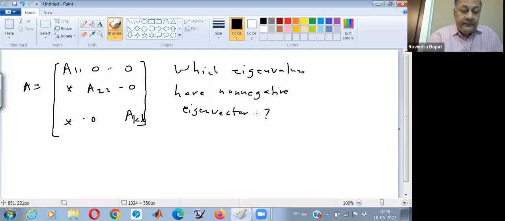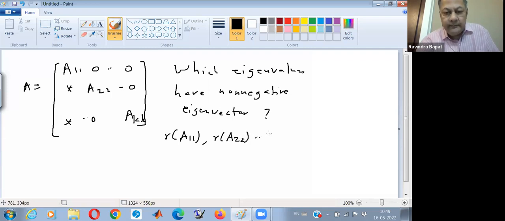So first of all these diagonal blocks are irreducible. So you look at their spectral radius. That means you look at the spectral radius of A11, spectral radius of A22, and so on. So these are the possible candidates.